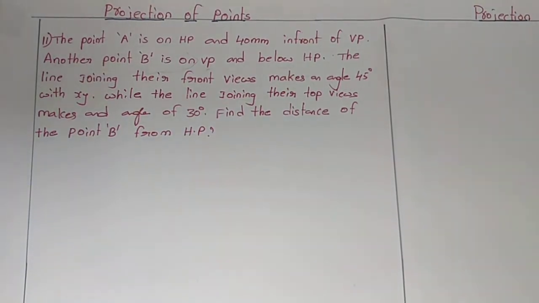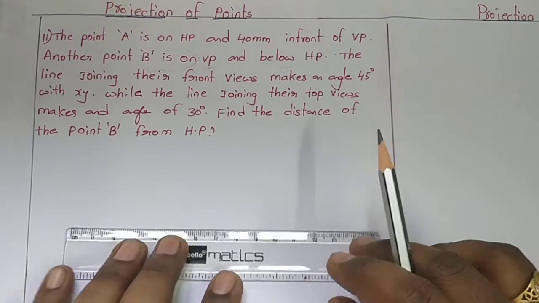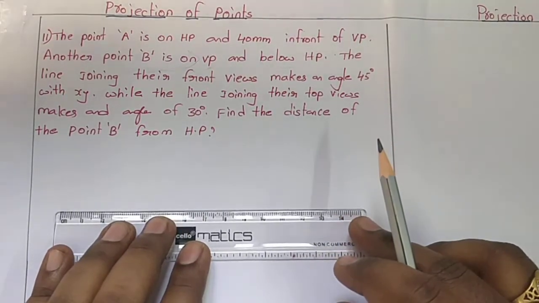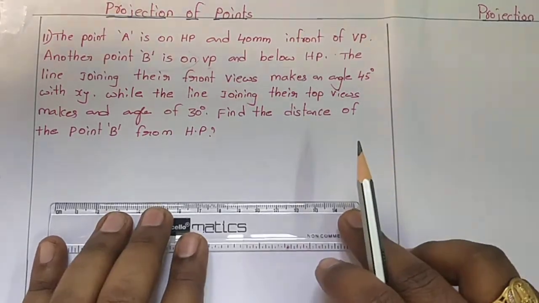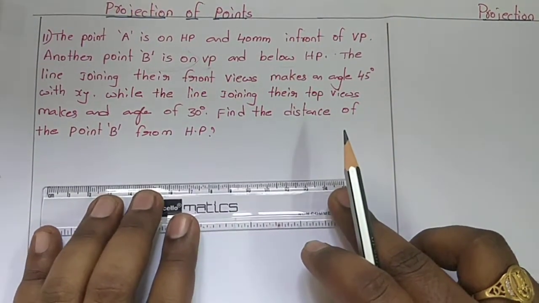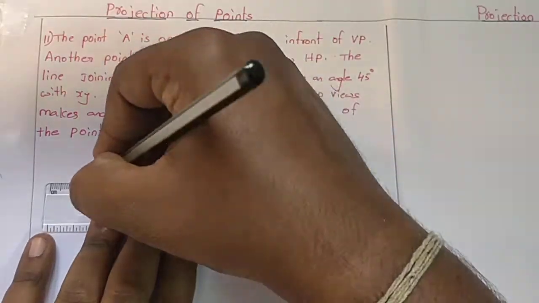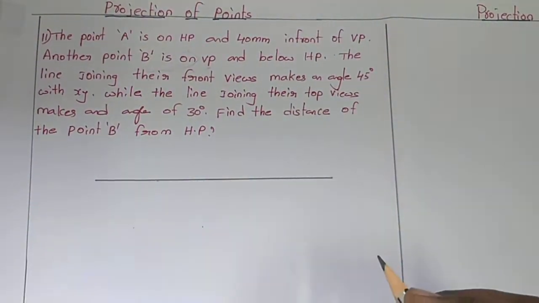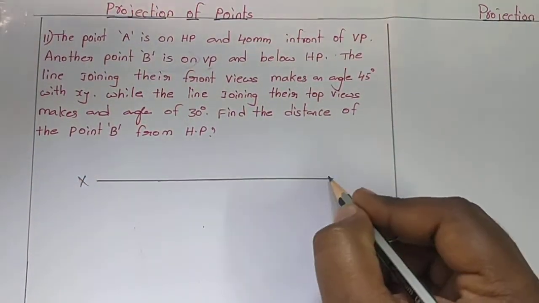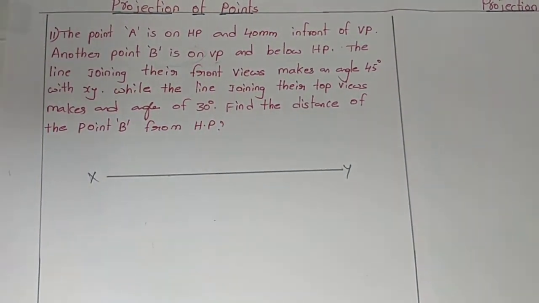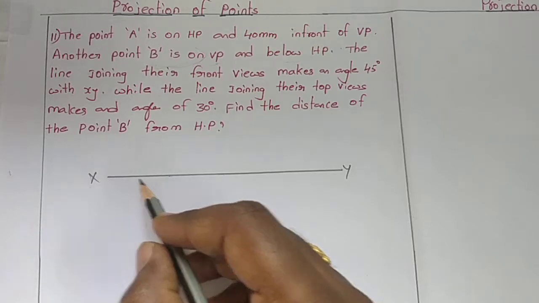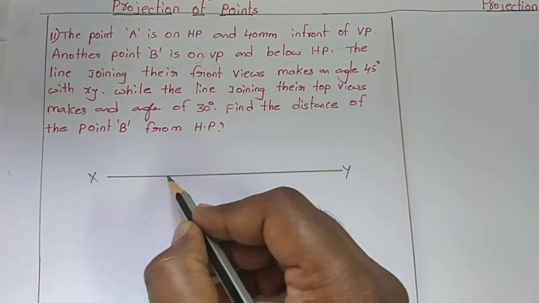First, draw the reference line XY. Then draw the position of point A on XY, at any point; I am taking this point.